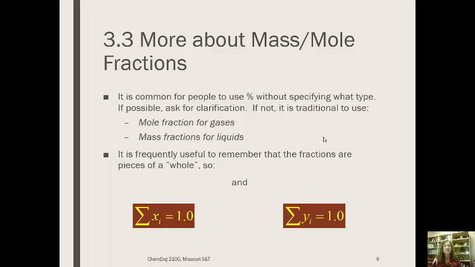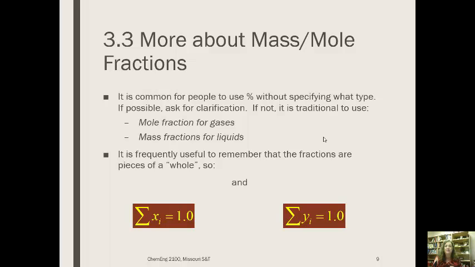There is a tradition. Typically, when you are doing gases, it is going to be a mole fraction that is measured and read. Typically, if you are doing liquids, it's easier to measure mass fractions, and so that's typically what's used.